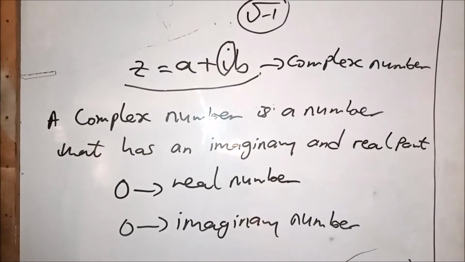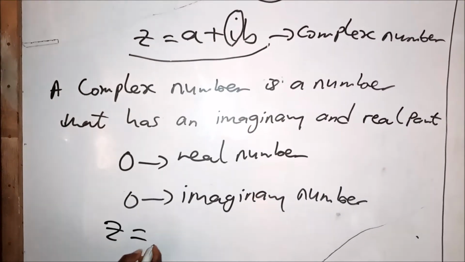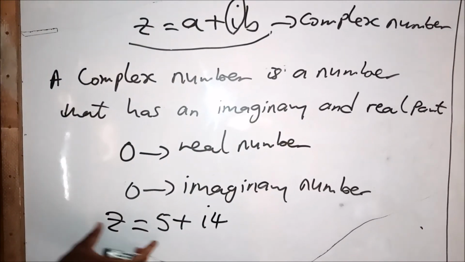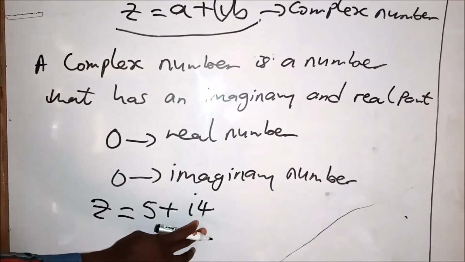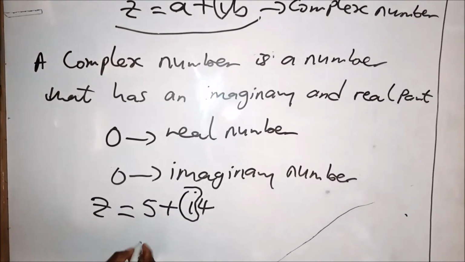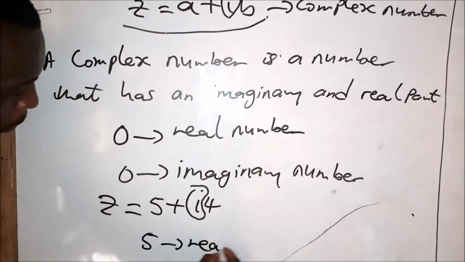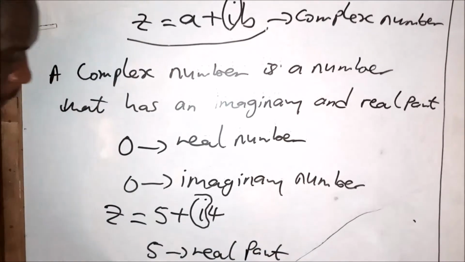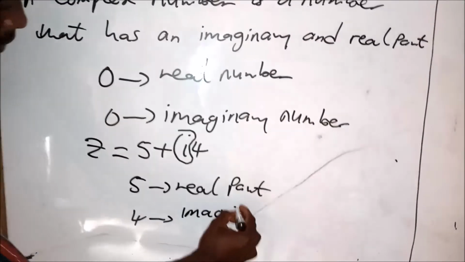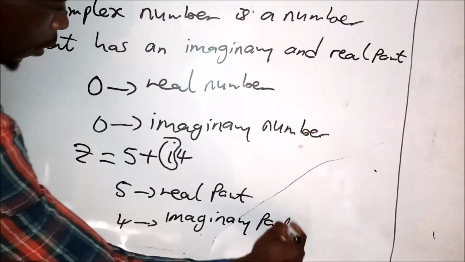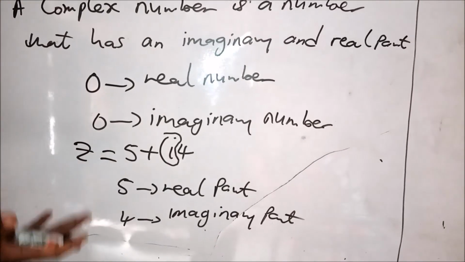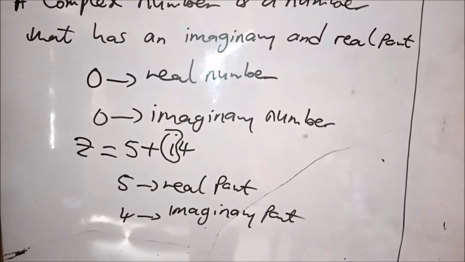When we have something like z equal to 5 plus i4, this is a complex number because it has this i notation, meaning that 5 is the real part of this complex number, while 4 is the imaginary part. So this is just the simple meaning of what a complex number is all about.